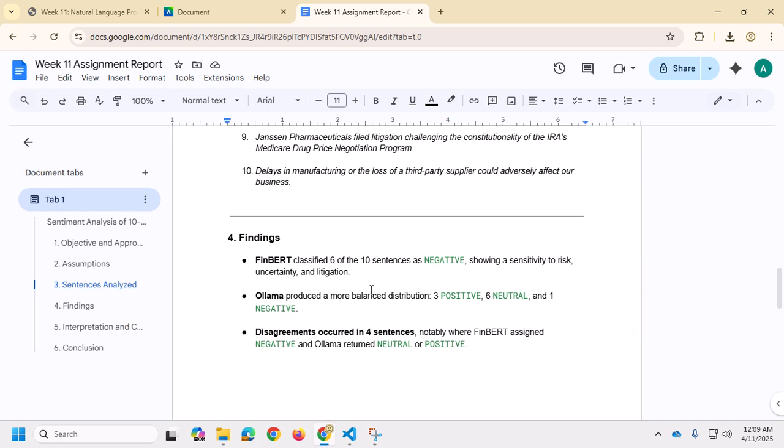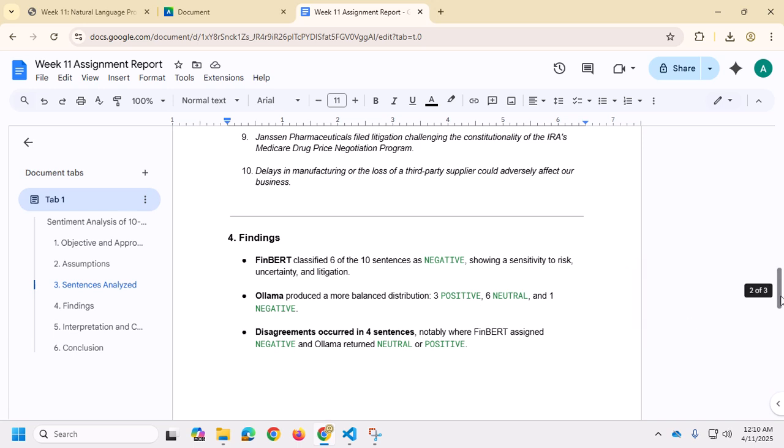The findings, as I saw, were that out of these 10 sentences, FinBERT classified 6 as negative, which shows a sensitivity to risk, uncertainty, and litigation. This suggests a more pessimistic outlook on the sentences. Whereas the LLM, which is Ollama, produced a more balanced distribution: 3 positive, 6 neutral, and 1 negative. So it is a very well balanced one. More than half of the sentences are neutral, but more are positive than negative.